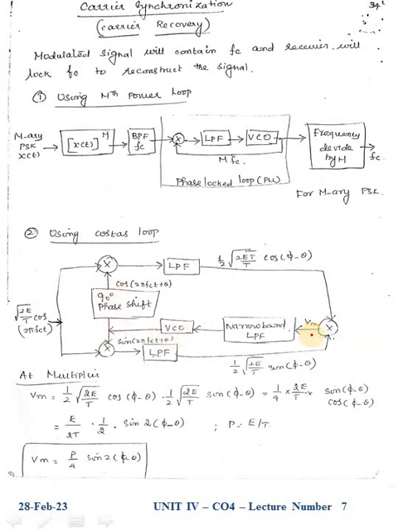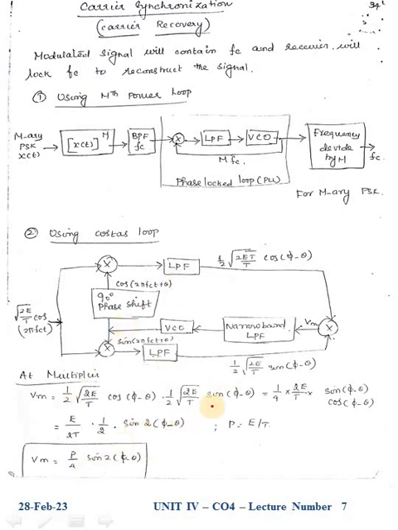The output feedback signal produced by the summer block is again phase shifted. This acts as the carrier frequency on this side. So we are not applying the carrier frequency directly. Instead we are using a phase locked carrier frequency with the help of this block. This is the operation of the Costas loop.